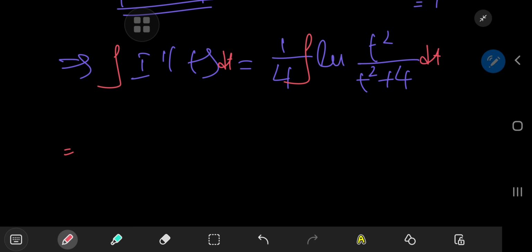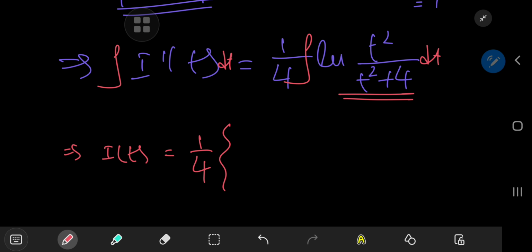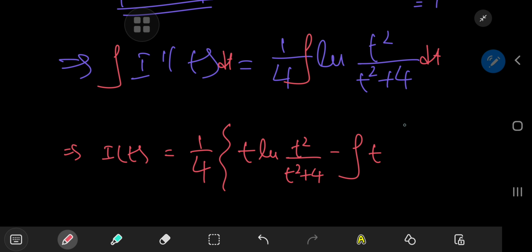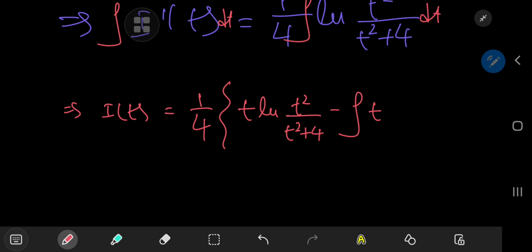Okay, cool, no problem whatsoever. So on the left-hand side, you have I of t, and on the right, you need integration by parts. So you have 1/4 times, I'm going to differentiate this logarithm here, and I'm going to integrate 1 with respect to t. So that gives me t times the logarithm of t squared by t squared plus 4, minus the integral of t times the derivative of this logarithmic term.